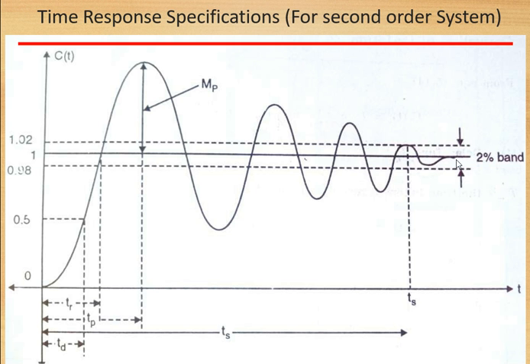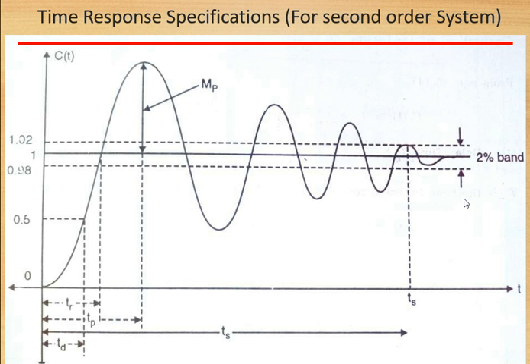Obviously you will not get a 0% band or 100% accuracy, but it will be somewhere in 2 to 5%. If it is less than 2%, like 1%, then it is very good. So if you go on decreasing this percentage, the accuracy will be more, and if you go on increasing this percentage, the accuracy will be less. That's why it is preferred that this percentage is as small as possible. That is one important point that I want to add here.